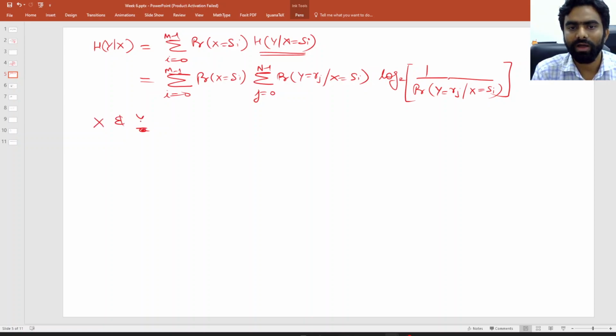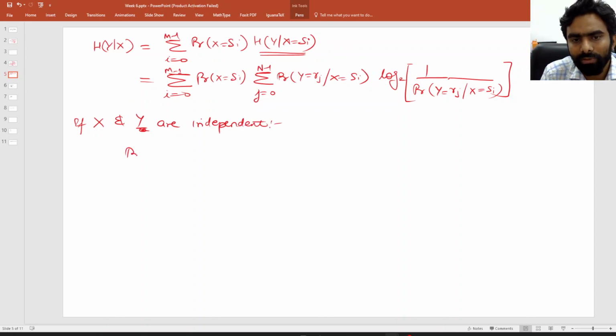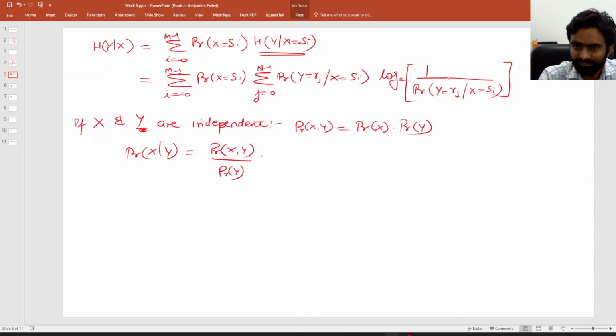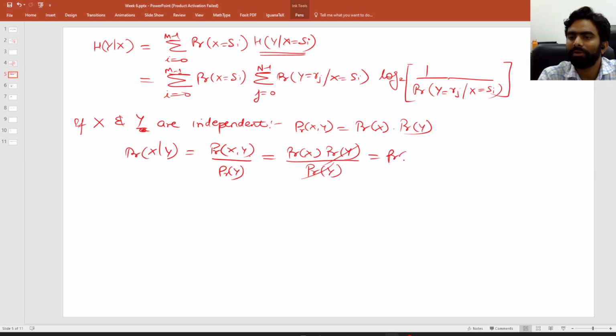Then the probability of X given Y would be the probability of X comma Y divided by the probability of Y. If they are independent, then this joint probability will be equal to the probability of X multiplied by the probability of Y. So the probability of Y cancels out, and it comes out to the probability of X only.